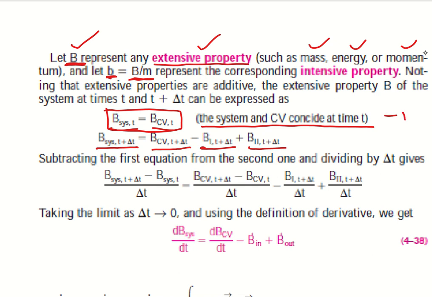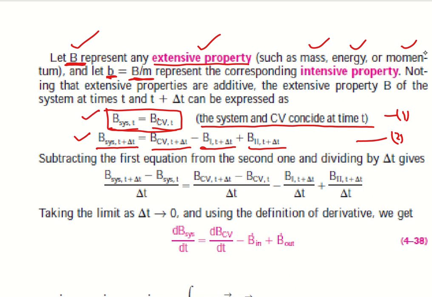Now this is equation number 1, let's say this is equation number 2. So now we can write another equation by doing 2 minus 1 divided by delta t.